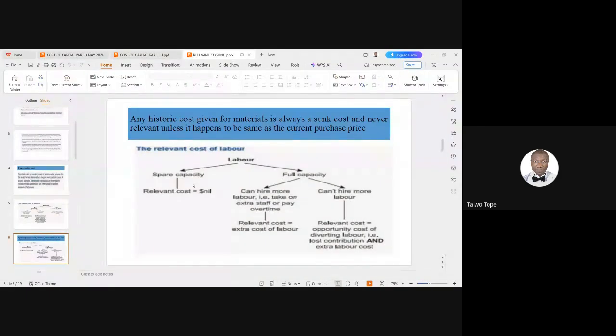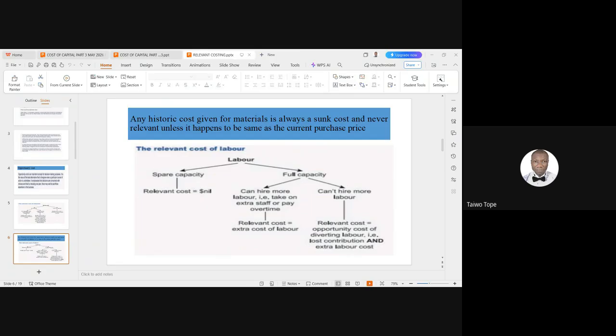You understand? So we'll pay you monthly, either you have work to do or not. All you are expecting is that when it is time for you to be settled, you get your money. So in the case of spare capacity in an organization, the relevant cost is nil.